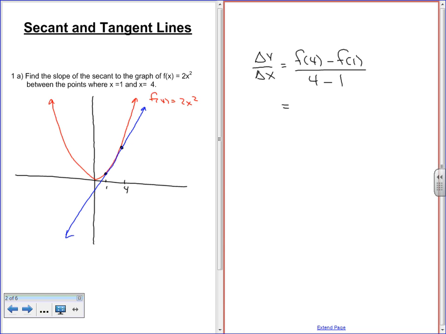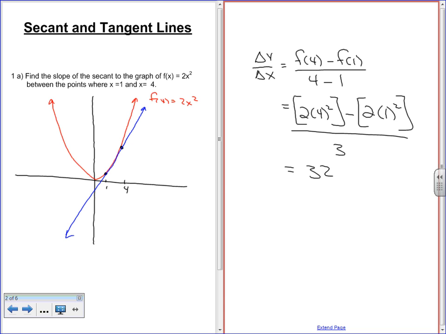Substitute 4 into the function. I get 2 bracket 4 squared minus 2 bracket 1 squared, all over 3. Doing some math, it's 32 minus 2 over 3, which is 30 divided by 3, which is 10.